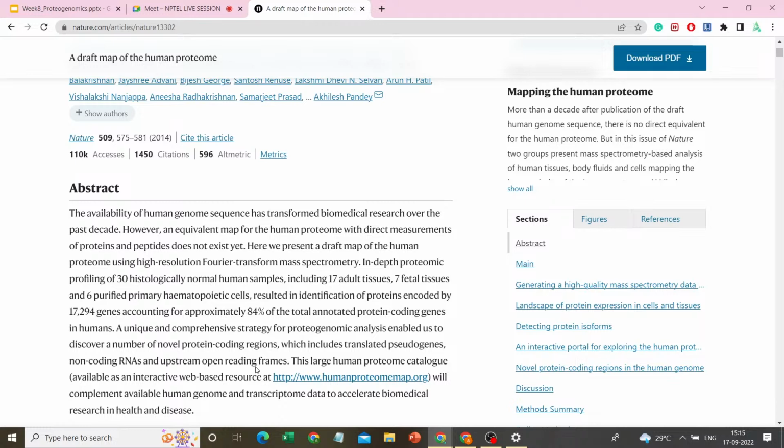Around 22,000 genes are present in the human body on average, among which 84% of the total annotated protein coding genes could be identified in humans and were reported in this paper.